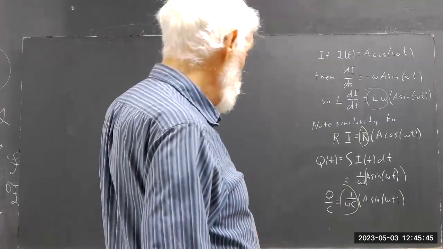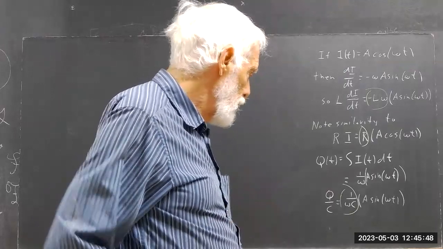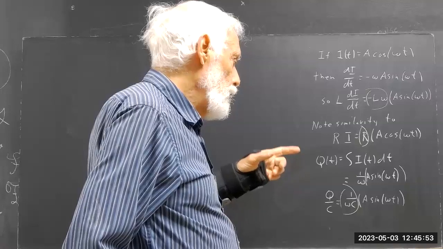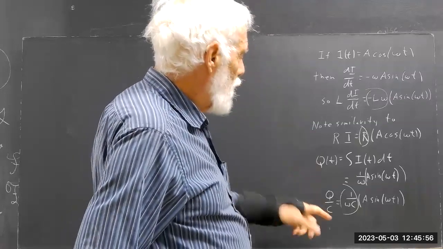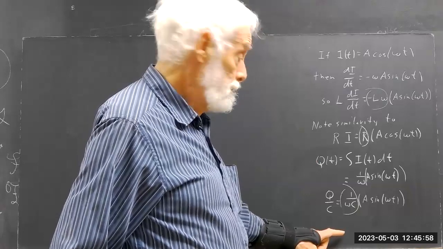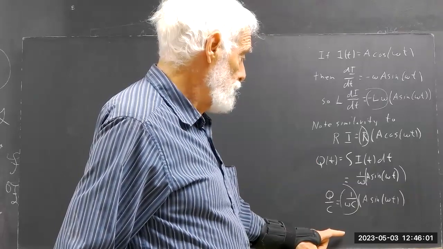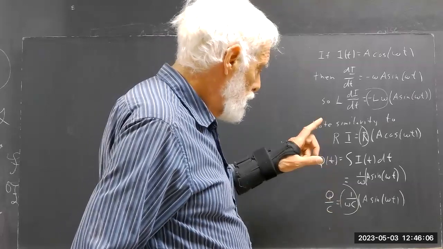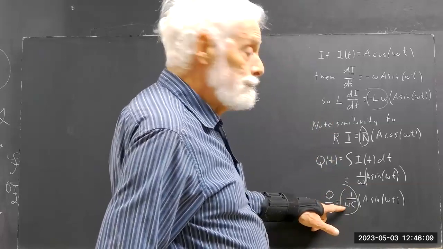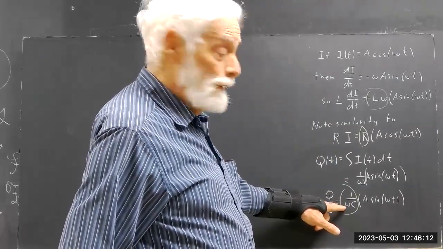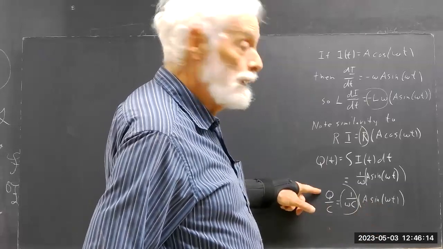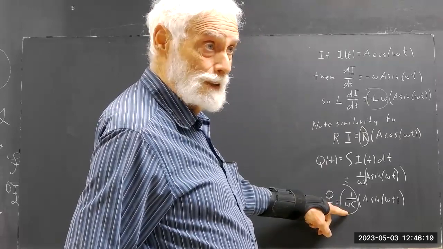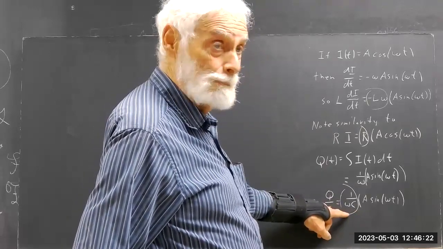Well, for reasons that we talked about, for a high frequency circuit, omega is large. The thing we multiply by I sine omega t to get the charge is going to be small. Omega C is high, so this is small.